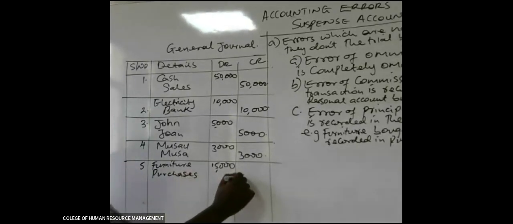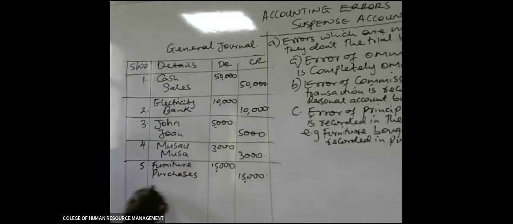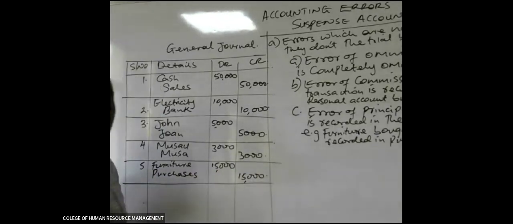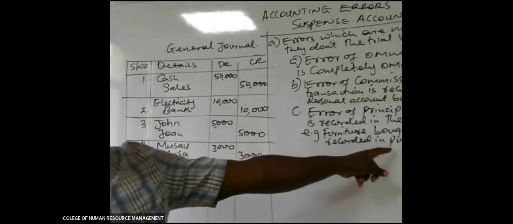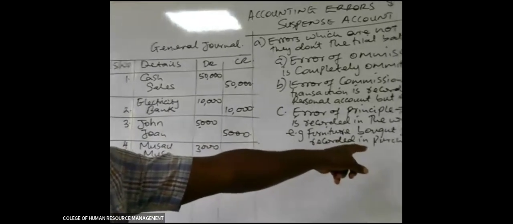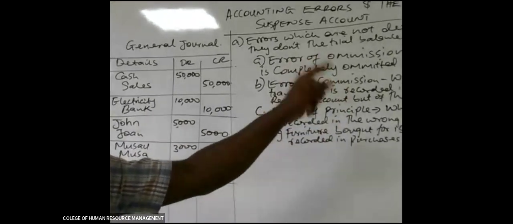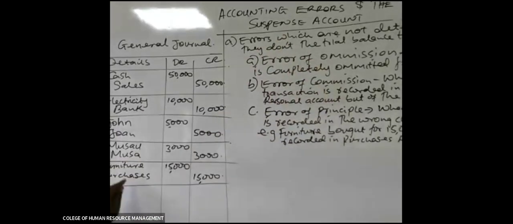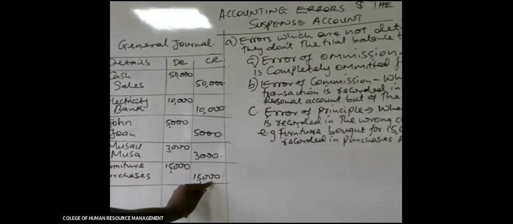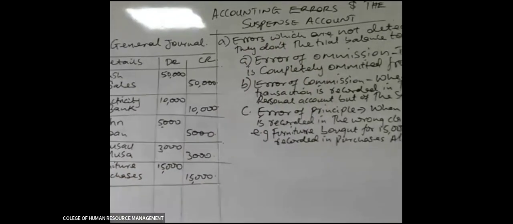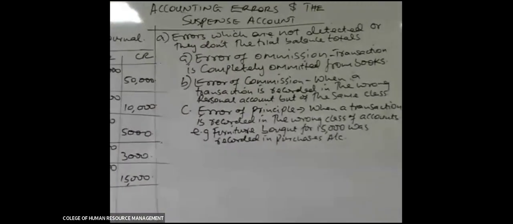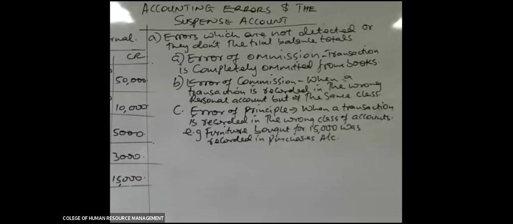We credit purchases to reverse this entry that was posted there. It was never supposed to be in the purchases. So we reverse it from purchases by crediting purchases. We debit now the correct account which was supposed to be debited, which is furniture account. Error of principle.